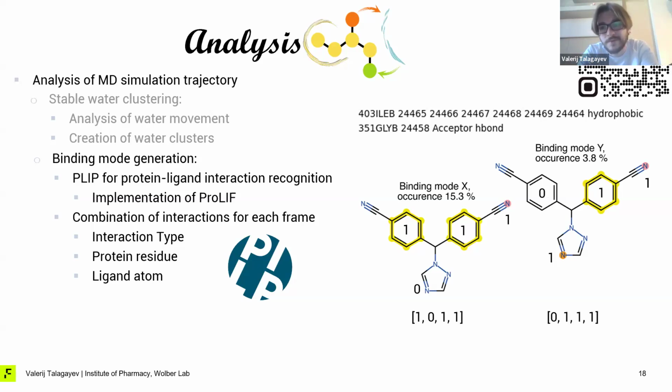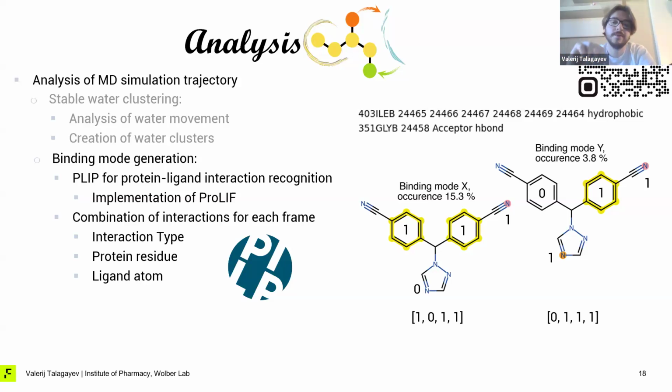Whereas as you can see in binding mode epsilon, one of the phenyl rings loses the hydrophobic interaction, so that is then not 1 but 0. But the triazole ring gets an interaction and it's then a 1. So we can say that the combination 1, 0, 1, 1 is a different combination than 0, 1, 1, 1. And we can then look at the combination of interactions between the ligand and the protein present in a certain frame.